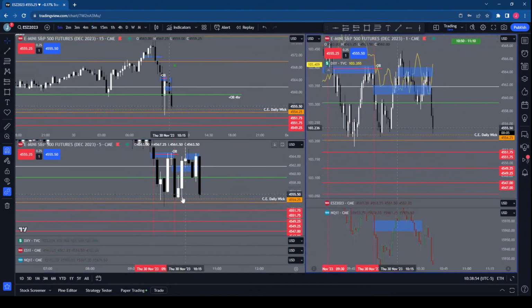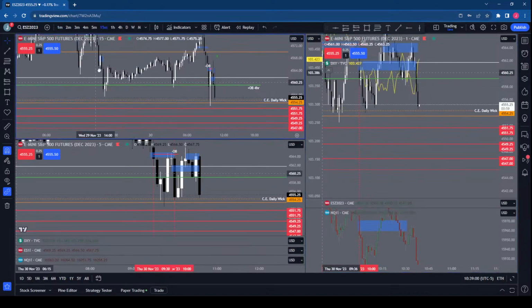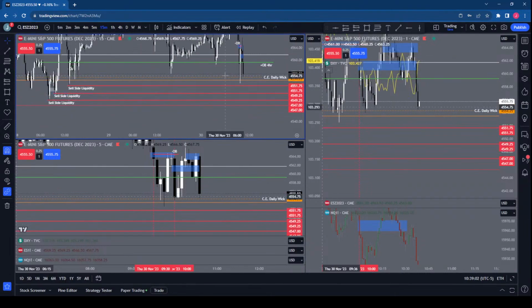I want to see it close below these lows, and I think we'll start knocking out these sell side levels.